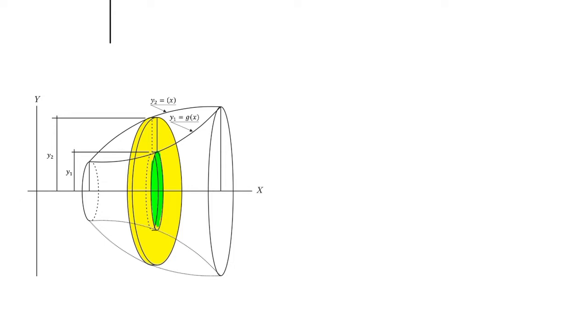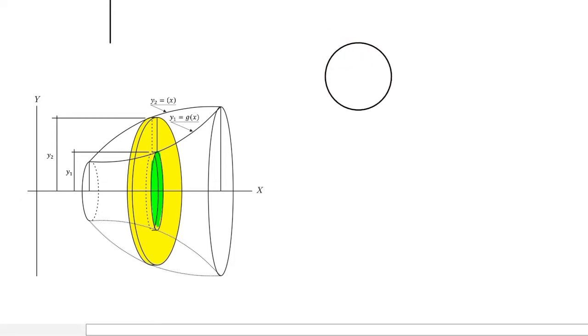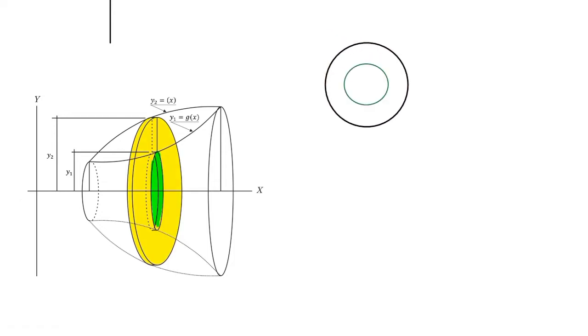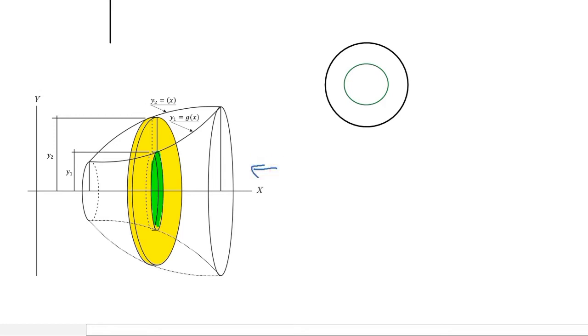So, kung titingnan natin sa cross-section, ayan. So, kung titingnan natin dito sa view na to, so dito tayo titingin. Ito, galing sa x-axis, kung ito yung location ng x-axis. Itong distance na to, this is your y1. And this distance here, this is your y2.